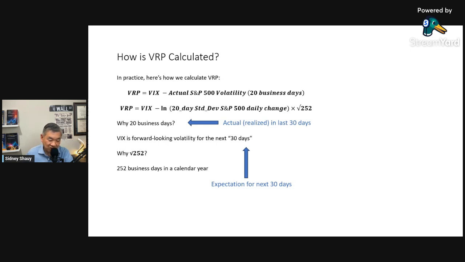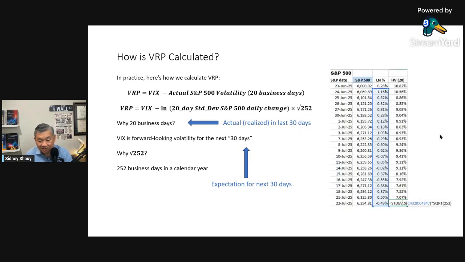When we say 15% or 20%, we are expressing an annual number. So we also need the second term of the equation in annual terms. That's why we multiply by the square root of 252 days. All right. So that's the reason why.